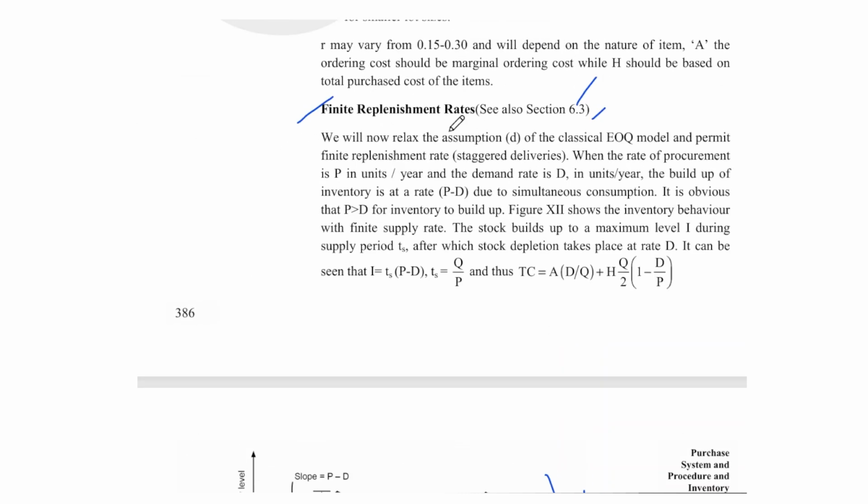Now relax assumption D of the classical EOQ model and permit a finite replenishment rate. When the rate of procurement is P in units per year and the demand rate is D in units per year, the buildup of inventory is at a rate that is reduced due to simultaneous consumption, and it is obvious that P must be greater than D for inventory to build up.